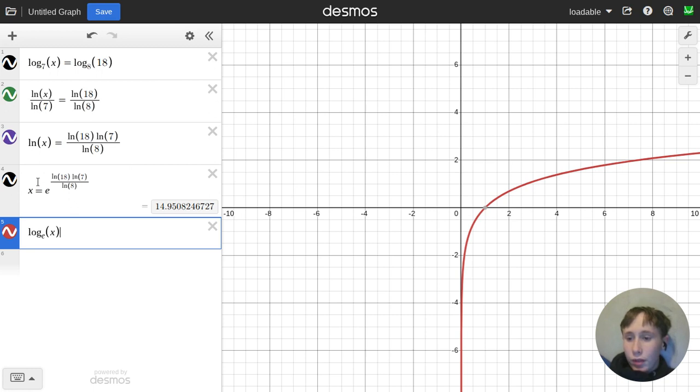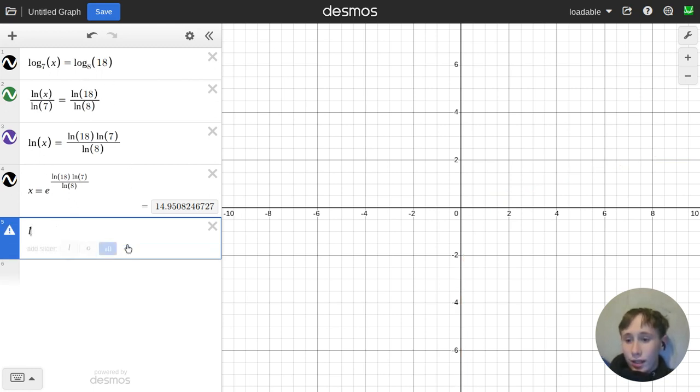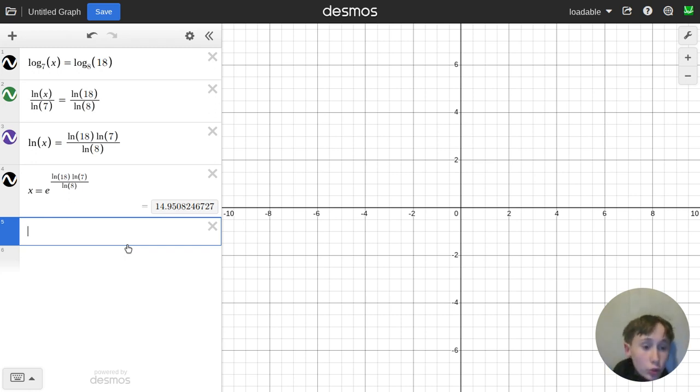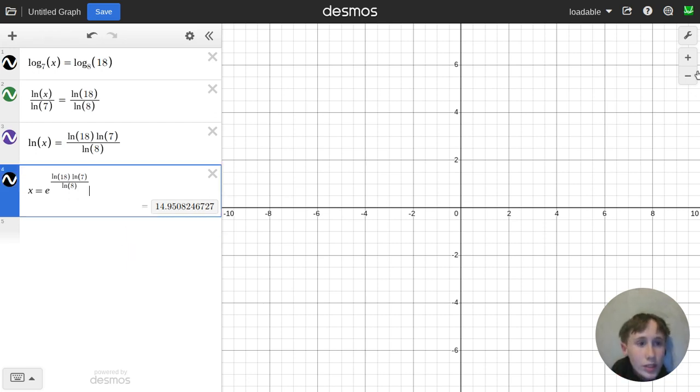We can know that this goes to this because, if we look at our previous thing, that's the base: we're essentially saying that the result is going to be e, the base, to some number. So the final answer is going to be 14.95.